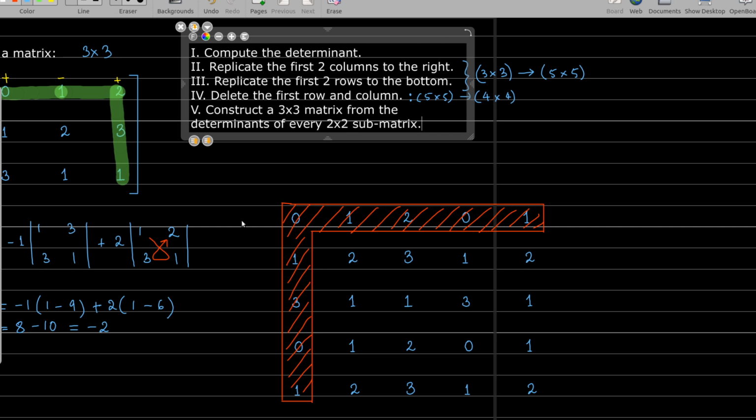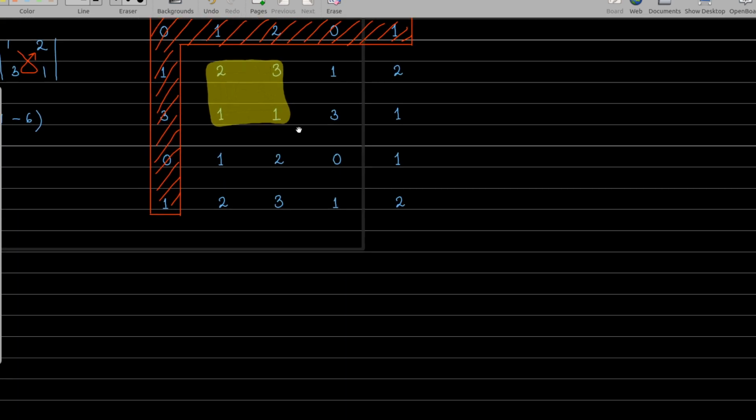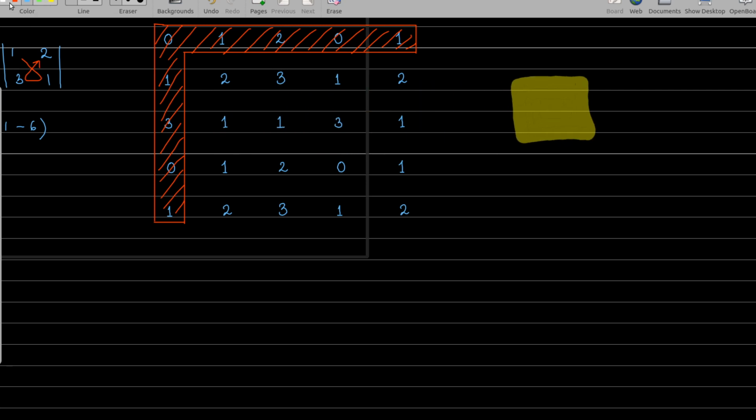So let's say I take the first submatrix, that is this submatrix. Let me highlight this submatrix. We need to find out the determinant of this submatrix. How do you find out a determinant? We again follow this rule. Let me just put this aside for the time being. We use this rule: go from here to here and from here to here.